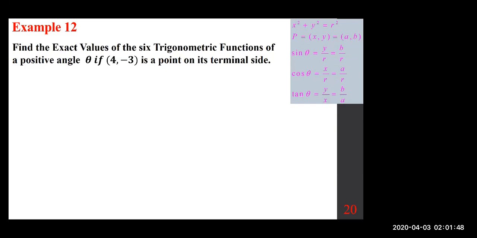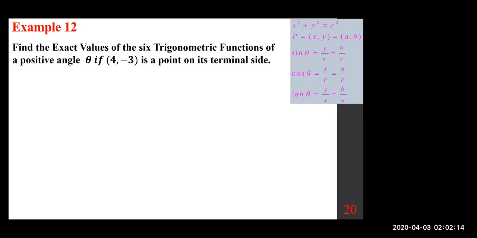Now, the other thing is that you have to know x is 4, y is -3, and you have to calculate the r, yes? Using the Pythagorean theorem. Now, in the fourth quadrant, x is positive. Everybody knows that, right?